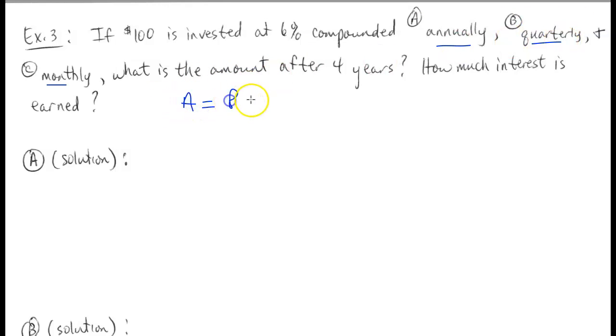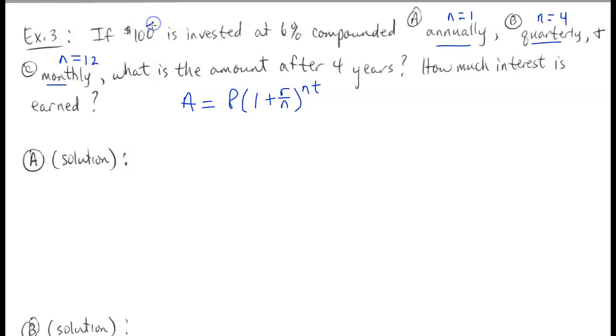We know the basic formula that we're going to use is this one. And what's going to change is the value for N. Of course, annually N is going to be 1, quarterly N is going to be 4, and monthly N is going to be 12. Everything else is pretty much the same.